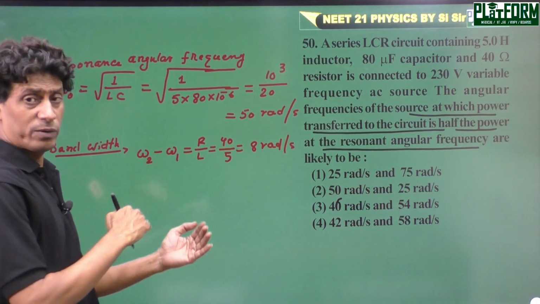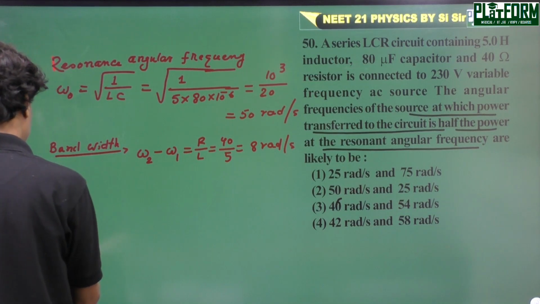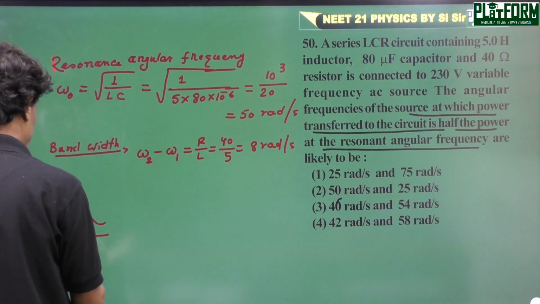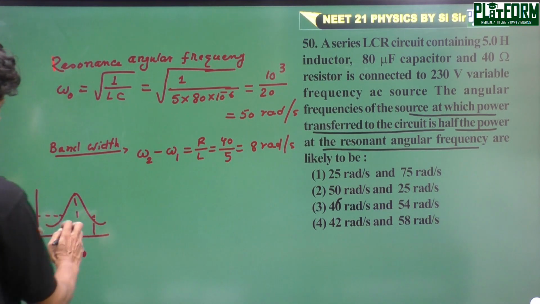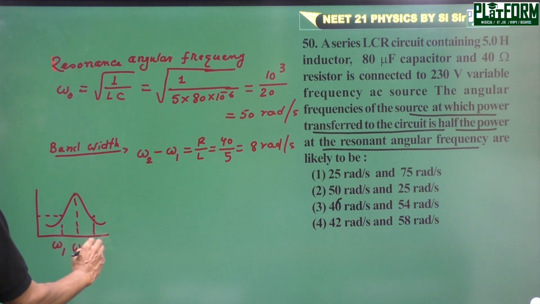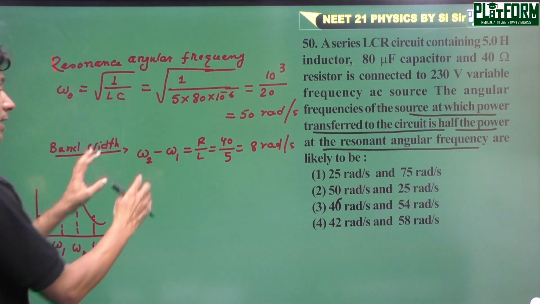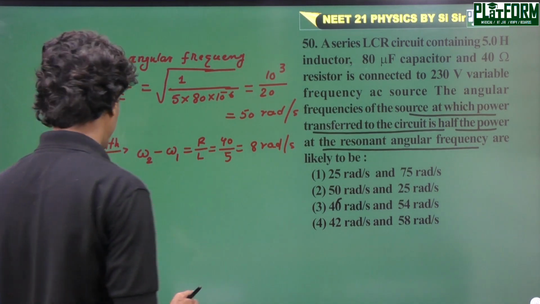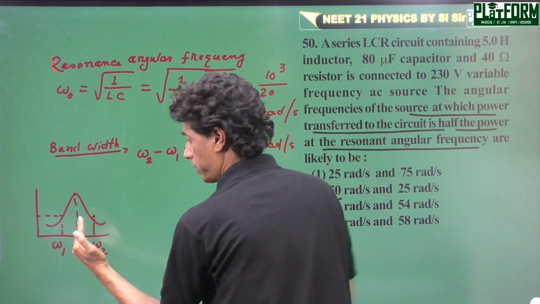So on both sides of the maximum power, that is the resonant frequency, if we draw a graph, this is the resonance. At the half power points, it is omega 1 and omega 2, and this is known as the bandwidth of the LCR circuit, and bandwidth is theoretically R by L, so 40 by 5 is equal to 8 rad per second, and from the resonant frequency both sides are at equal intervals.